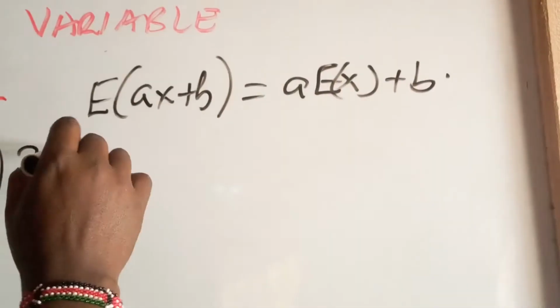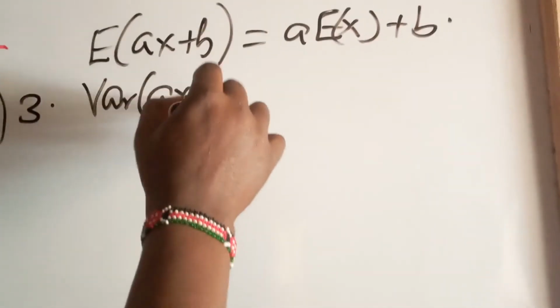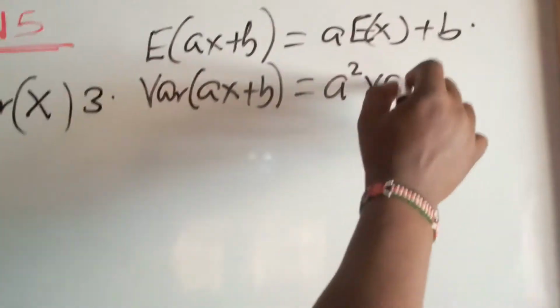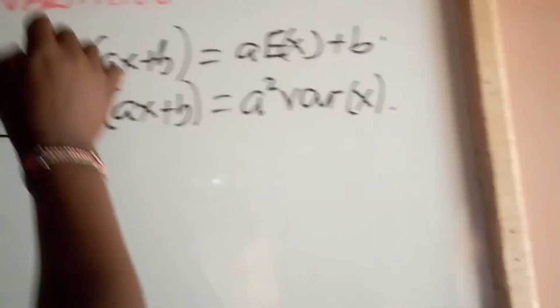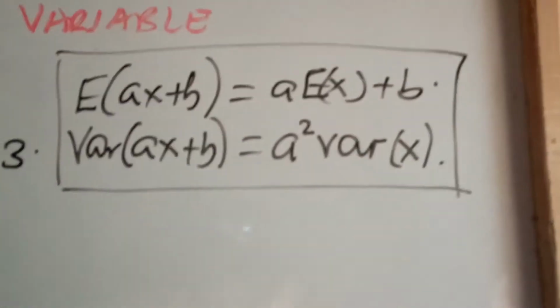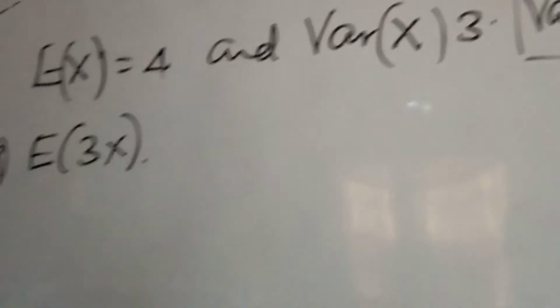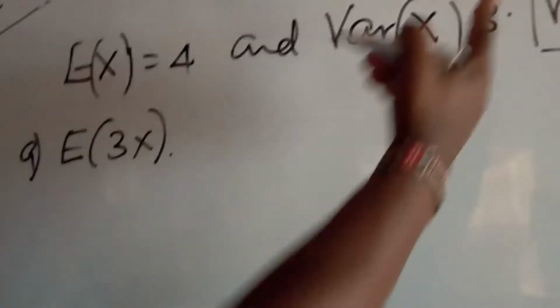And let us also talk about the variance of aX + b, which is a squared times the variance of X. These are the two statements that are going to guide us through this question, as we have understood them in the previous example.